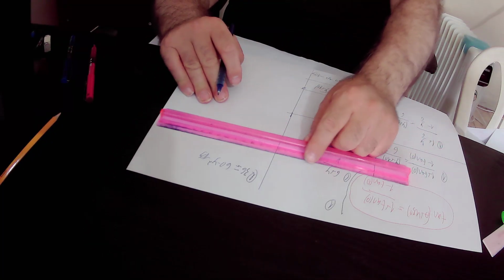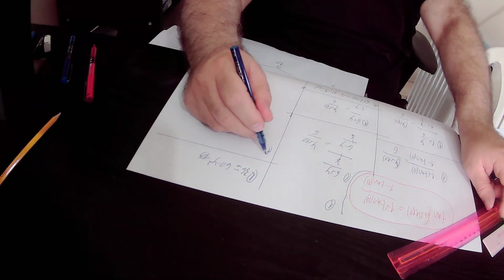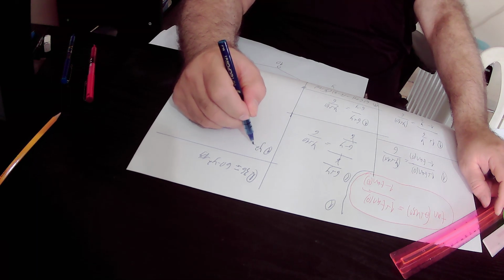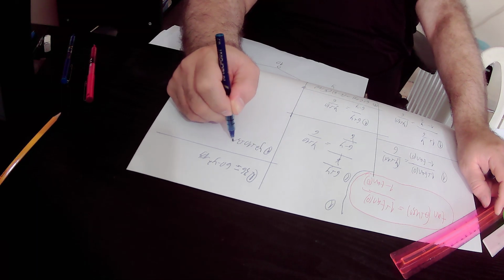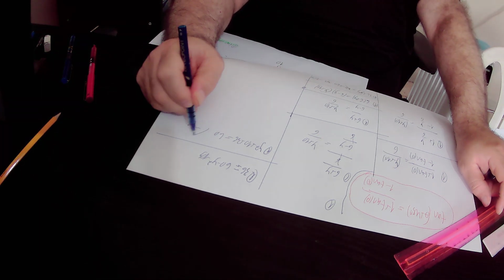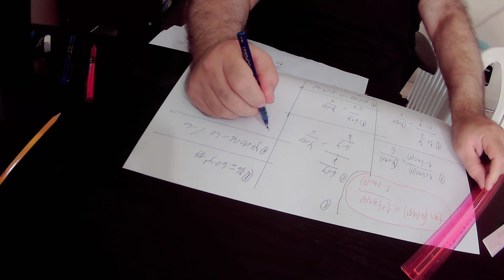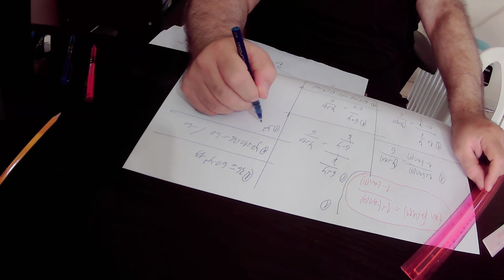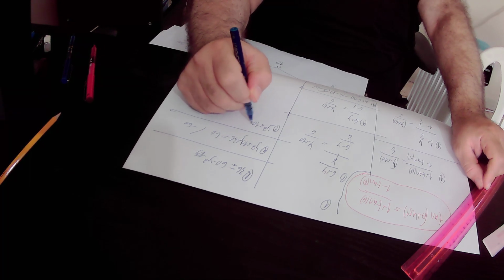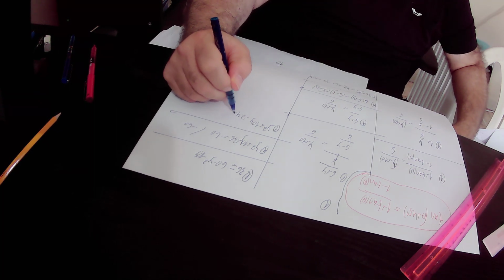Here we will add y squared and also 10y to this equation, and we get y squared plus 10y plus 36 equals 60. We'll subtract 60 from this equation, and we get y squared plus 10y, 36 minus 60 is minus 24, equals 0.